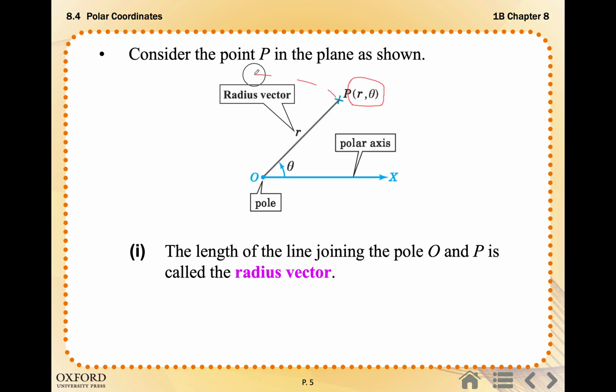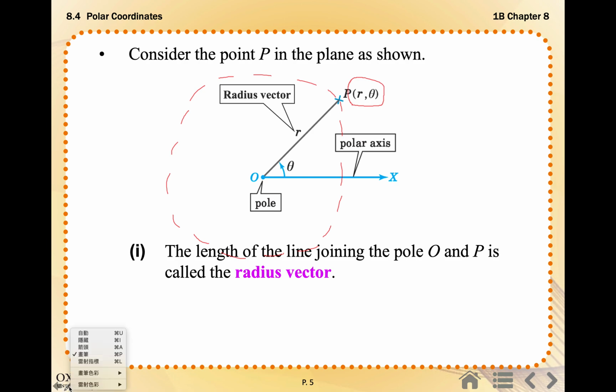For example, if we have a circle like this, and O is the center, then OP is the radius of this circle, and that's why we call it the radius factor. Then we can find the value of r by reading on the polar axis.